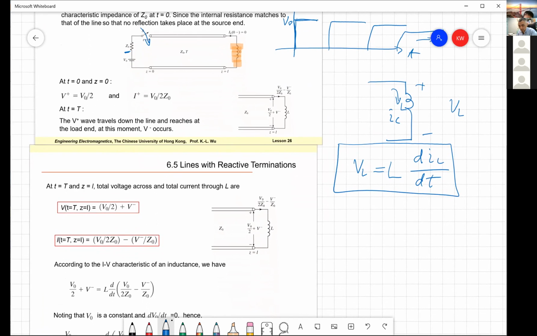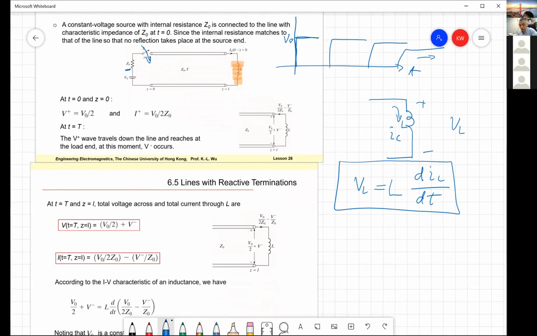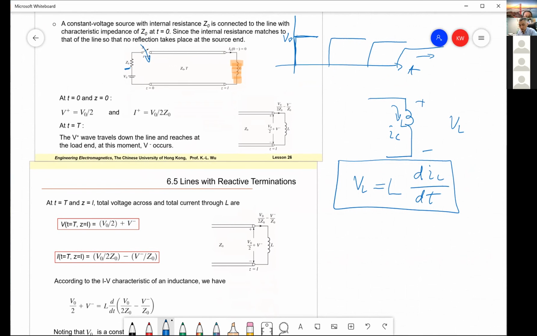This definition also gives us another very important piece of information. What information is this? If you look at this, I guess 90% of us will say, oh, very clear definition, it defines the relation between current and voltage. There is another piece of information that is very useful to us.